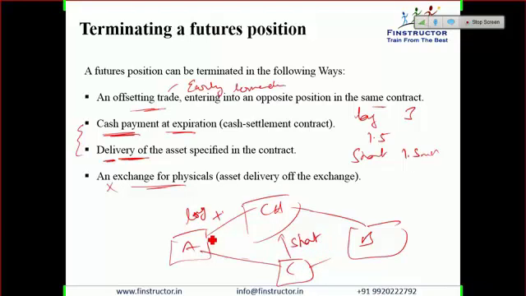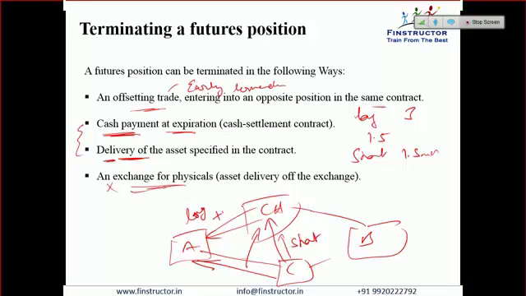So what the exchange had to do is take delivery from the short and give it to the long. Instead, A and C have directly done this, so the exchange doesn't need to get involved. So they both inform the exchange that that trade that you were going to do, we have already done. So we have already exchanged the physicals, so you can just finish our contracts.